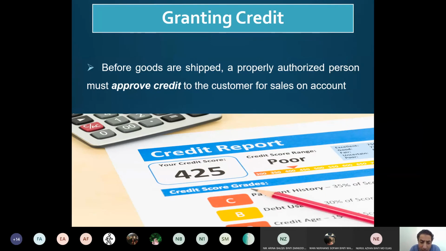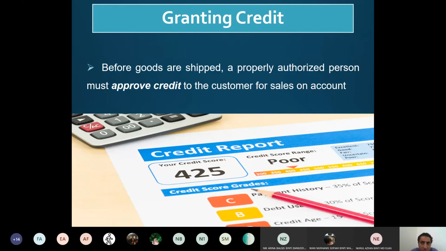Let's say the A category, sometimes they call them the golden customers. Those customers are big customers, and their credit history is very excellent, so we consider their payment history, and also the documents that they provide, like bank statements, and other things like company size.